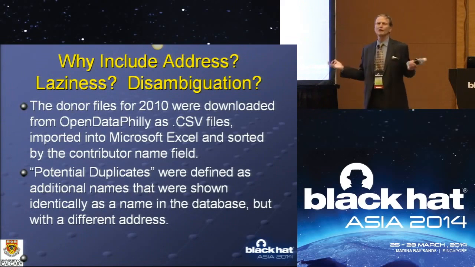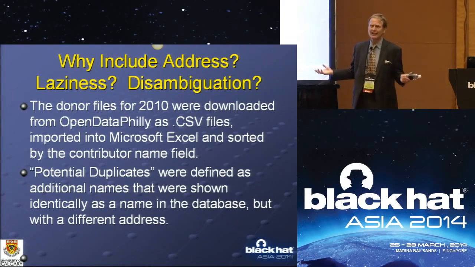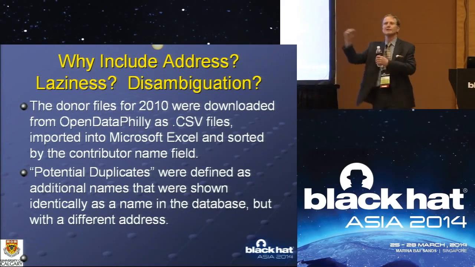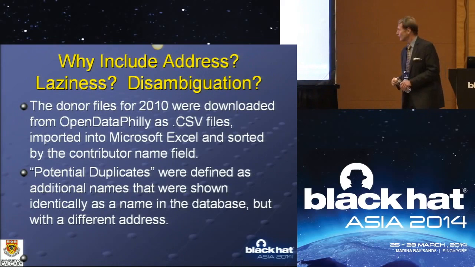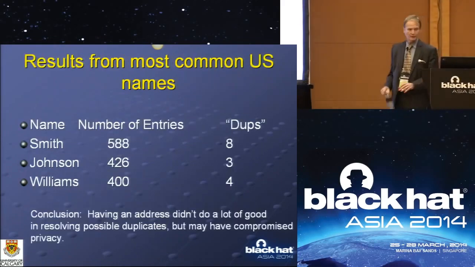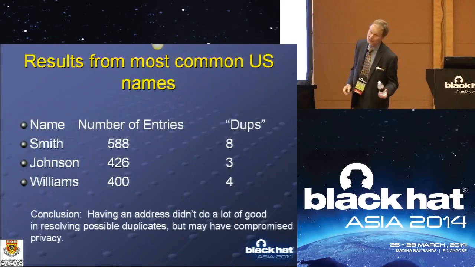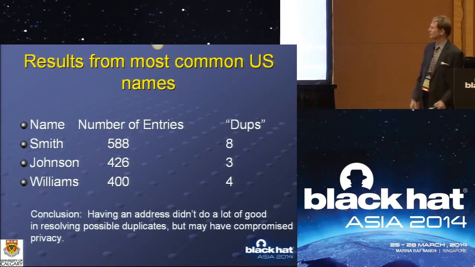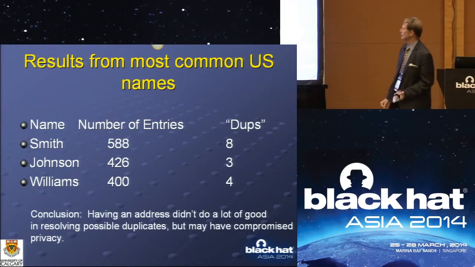But I thought, well, the only reason really to have the address is to find out if there's two John Smiths, maybe they're the same and maybe they're different. So I ran an experiment where I took the three most common surnames in the United States, Smith, Johnson, and Williams. I counted a piece of this data. That's how many of each there were.